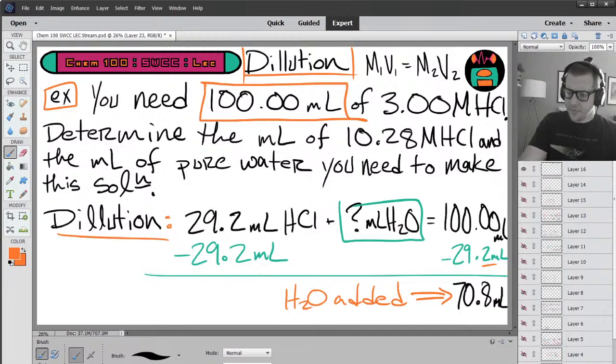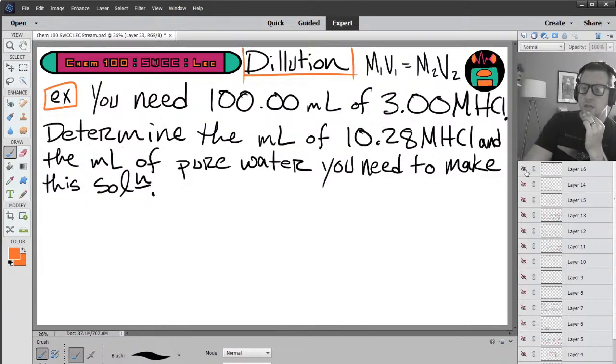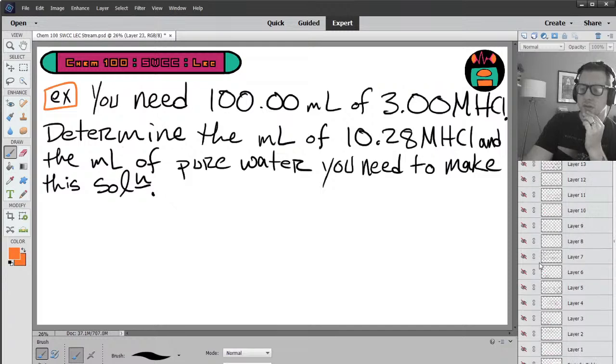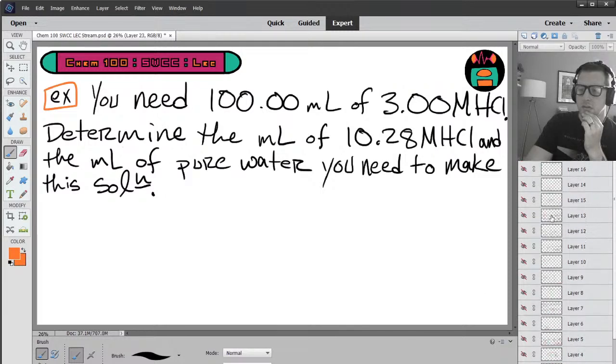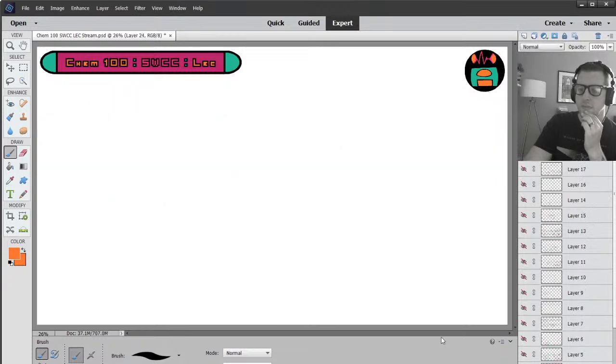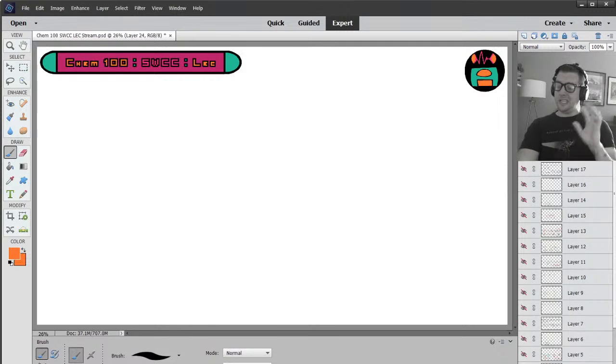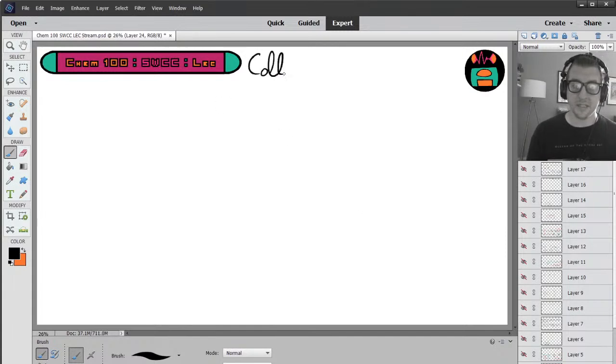So all right, so that is dilution. We're still going to be discussing solutions, but we're going to move on to a new topic, one that's called colligative properties.